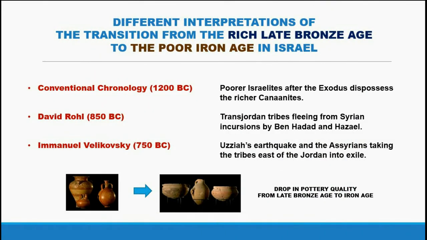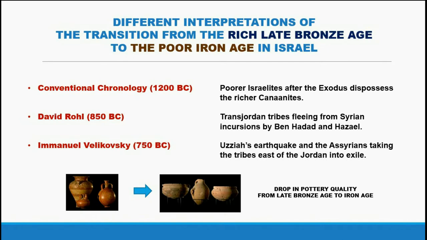Now, why is it important which revised chronology best fits the archaeological evidence? Well, here is an example of how the different chronological views impact the interpretation of archaeological evidence in the land of Israel.